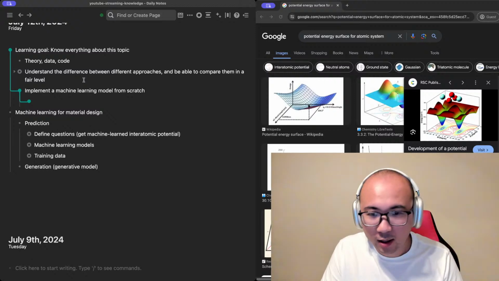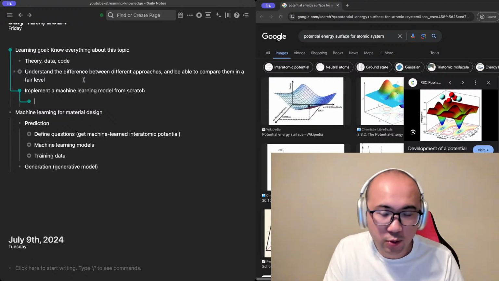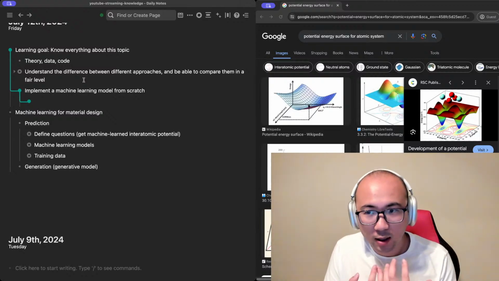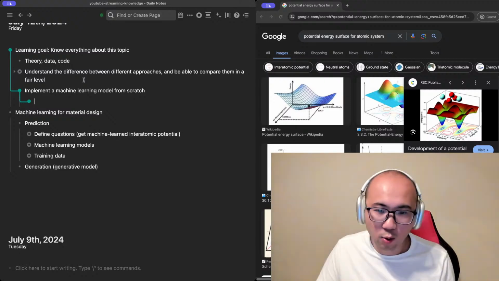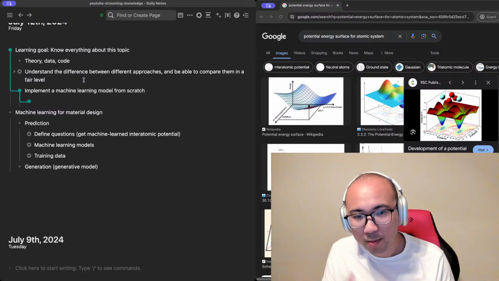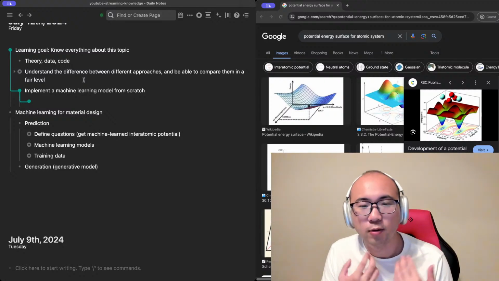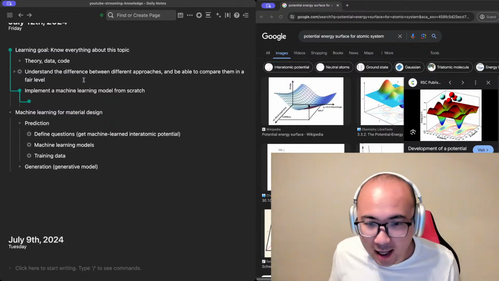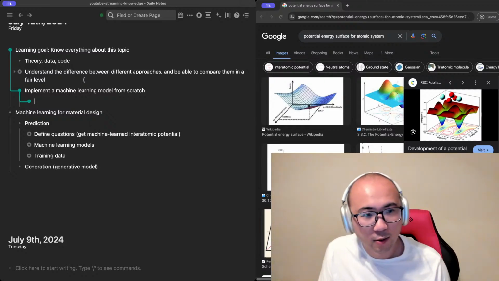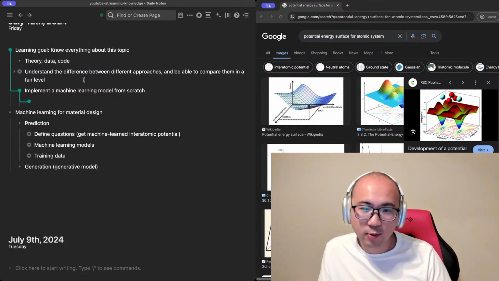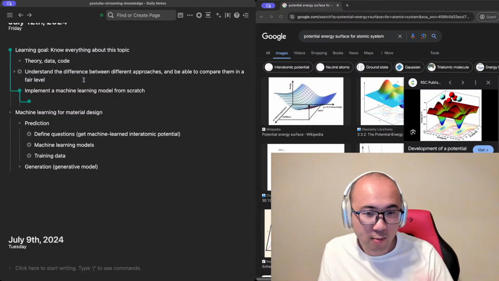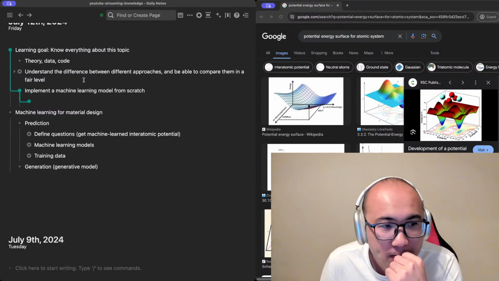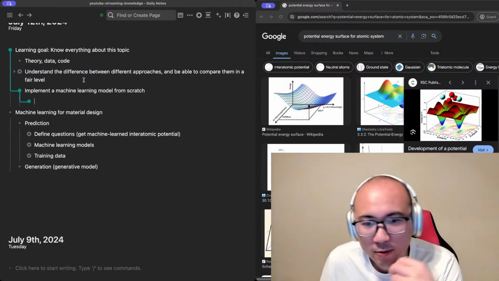That basically means what kind of package we should use, and how we build the neural network, the training and the whole thing, from the ground up, and what different things we need to consider. Right now I have no idea about any of them. I'm just a beginner, right? But gradually, as I learn more and more things, it will become more and more clear. Implement a machine learning model from scratch, yeah.